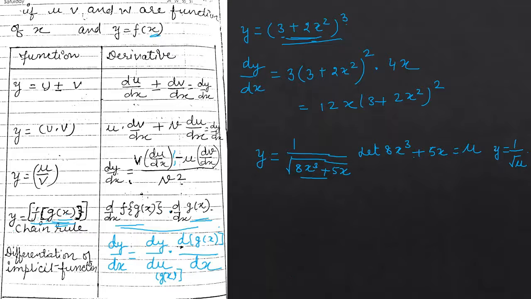In this case we have assumed that this term is equal to u, so the function is y equals 1 upon under root u.